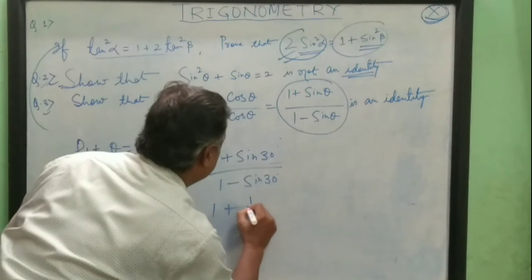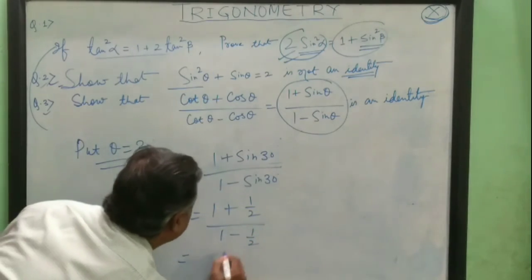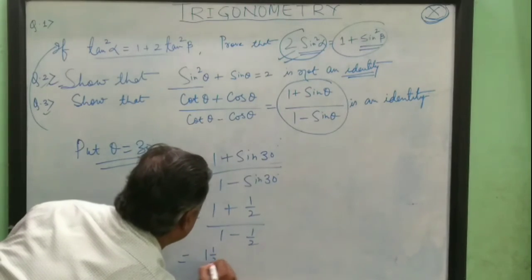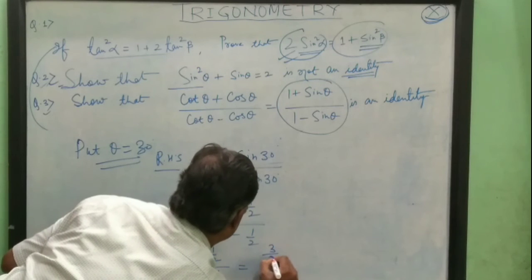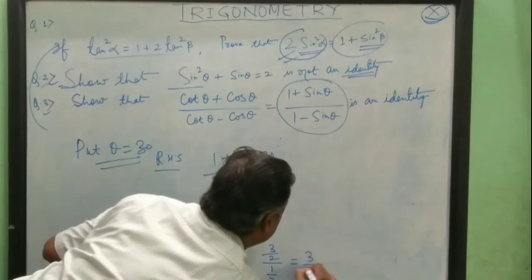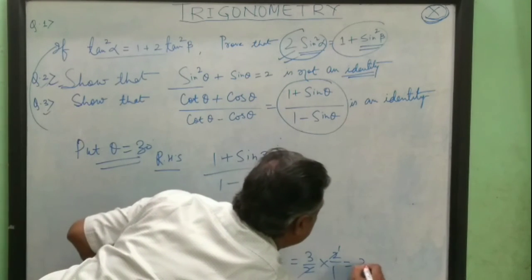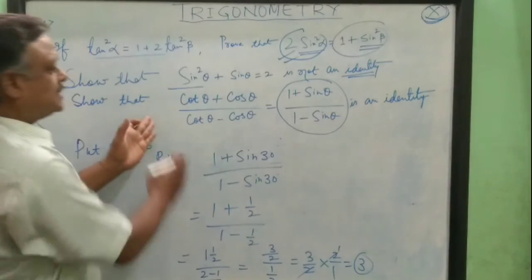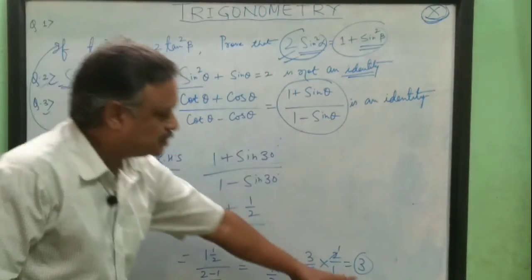Sin 30 is 1 by 2. So 1 minus 1 by 2 is 1 by 2, and 1 plus 1 by 2 is 3 by 2. So this is 3 by 2 divided by 1 by 2, so 3 by 2 into 2 by 1, 2 1s are 2, is equal to 3. So the value of LHS is 3 and the value of RHS is also 3.